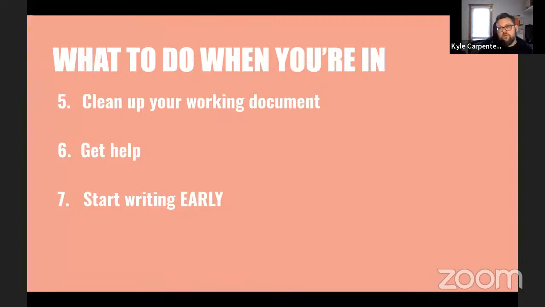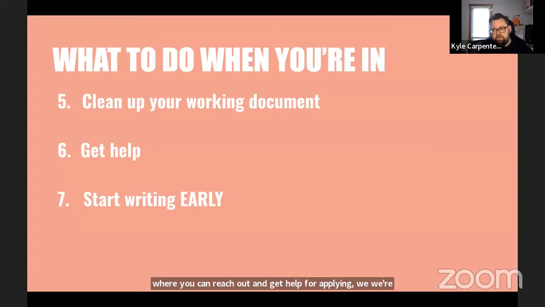Also, a lot of these funding bodies actually have support lines. So if you look at their websites as you're trying to apply, they might list an email or a phone number where you can reach out and get help for applying. We recommend absolutely taking advantage of that. They're there for a reason. People are paid to make sure that you're able to apply as successfully as you possibly can.